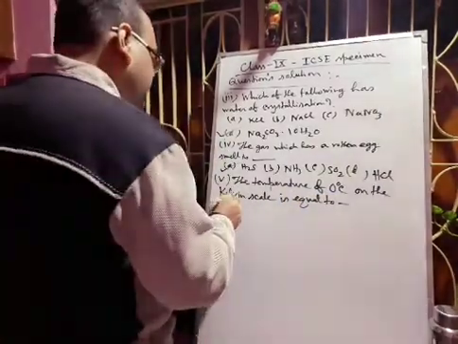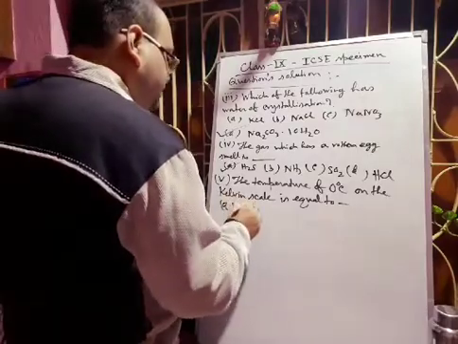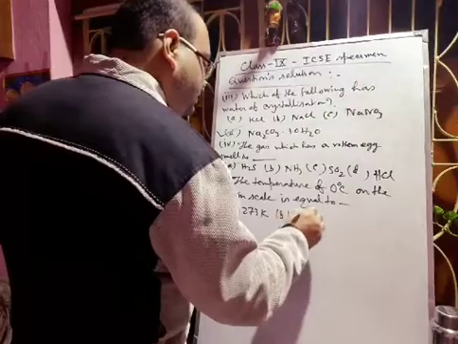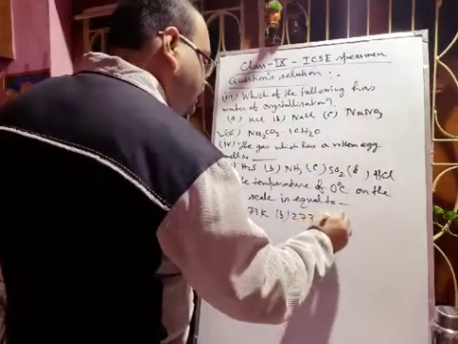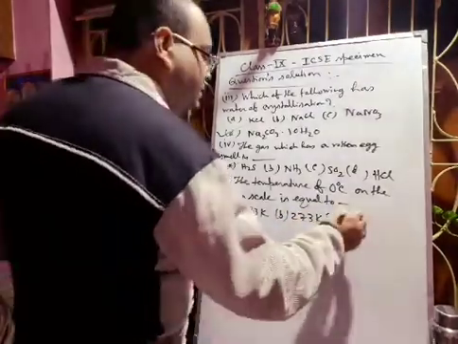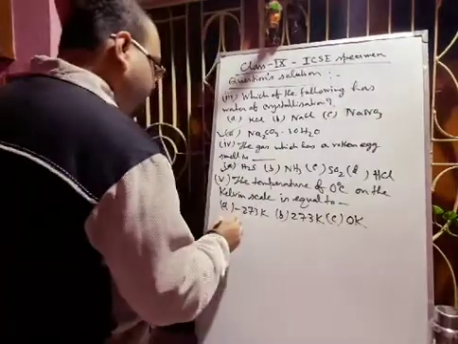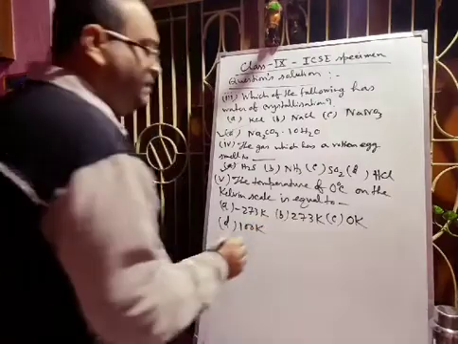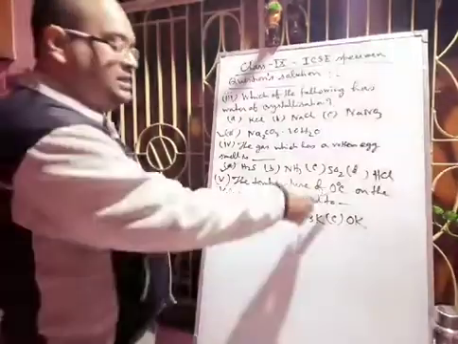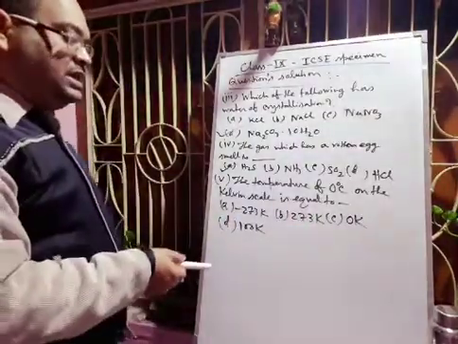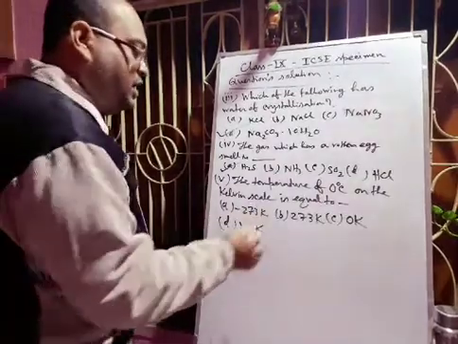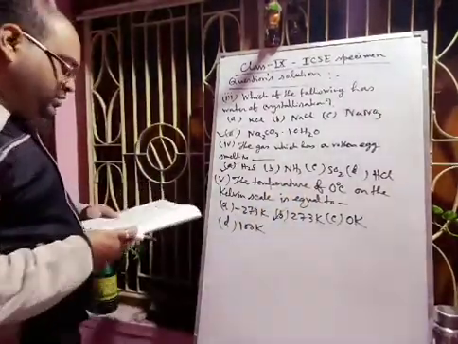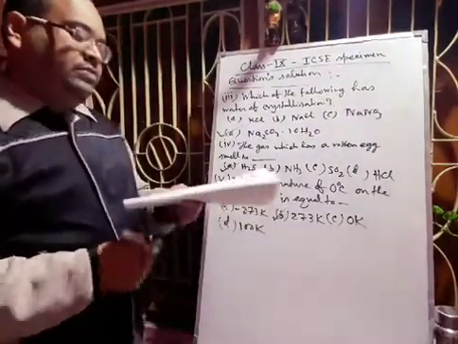Options are given: minus 273 Kelvin. Option B is given 273 Kelvin. Option C is given 0 Kelvin. And option D is given here 100 Kelvin. Definitely the temperature 0 degree centigrade you have to convert into Kelvin scale. Definitely it will be 273 Kelvin. Hope you can understand. So in this way we have also completed the MCQ type of question.